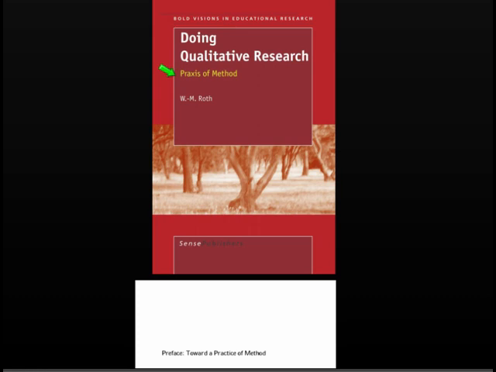And the body of knowledge that's contained in those practices, as they are repeated through time and reinforced by the profession, are called collectively praxis, P-R-A-X-I-S. And so the subtitle, Praxis of Method, has to do with the idea of how we as researchers conduct methodological researches. How do we go about doing the business of methodological studies?